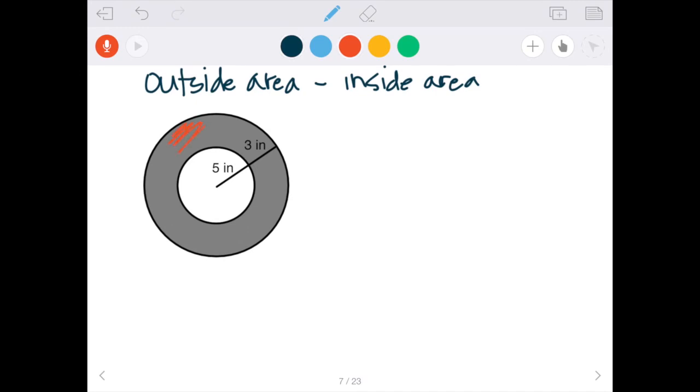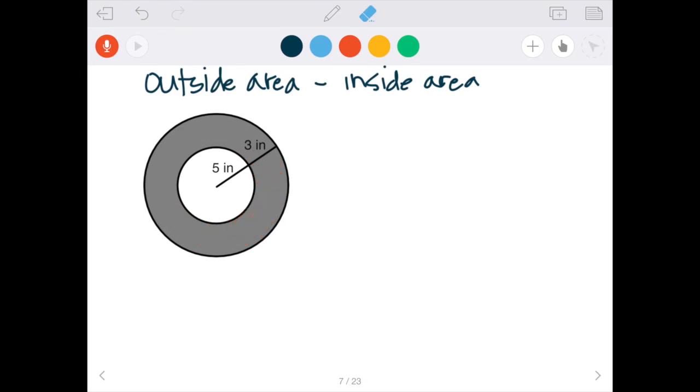In order for me to find out this right here, if I want just that part, what I'm going to have to do is find the area of the whole thing and then subtract the inside part. All right. And that gives me that shaded area.